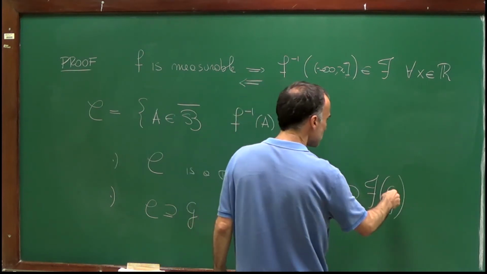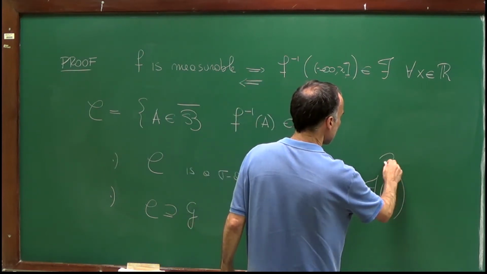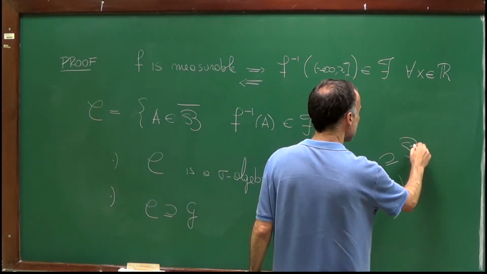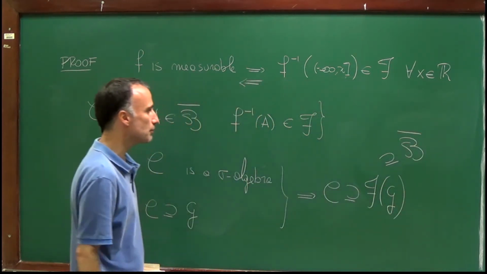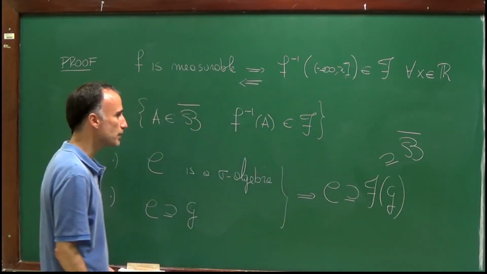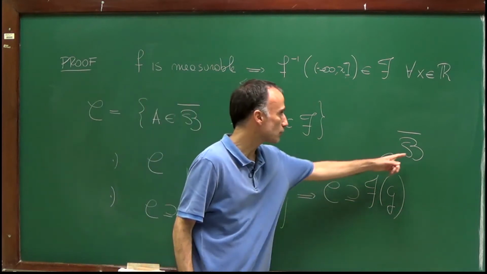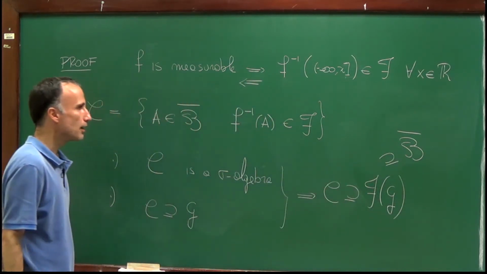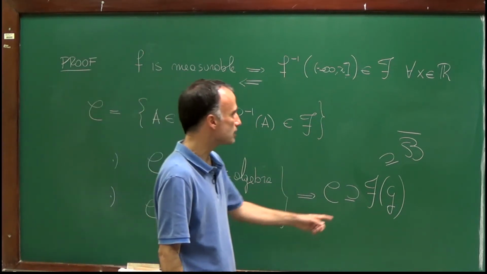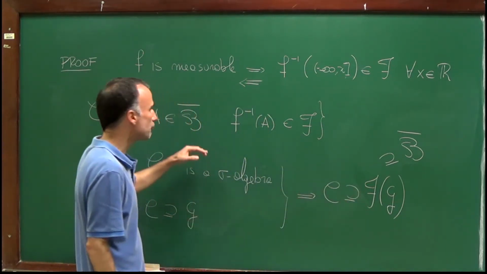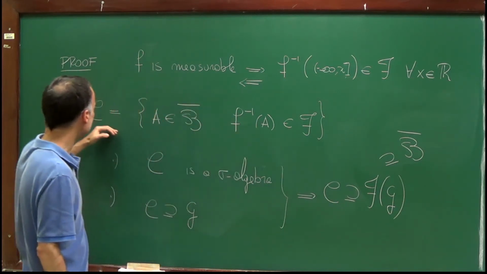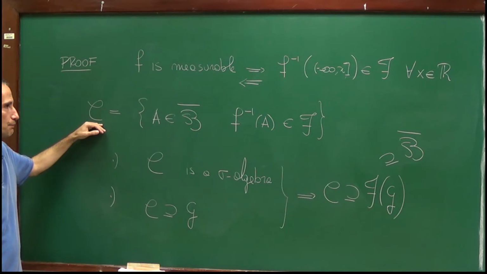And if this sigma algebra generated by G is larger than the extended Borel sigma algebra, I would have proved that C in fact contains all sets in the extended Borel sigma algebra, and therefore that F is measurable, because this is exactly the property defining C. Right?